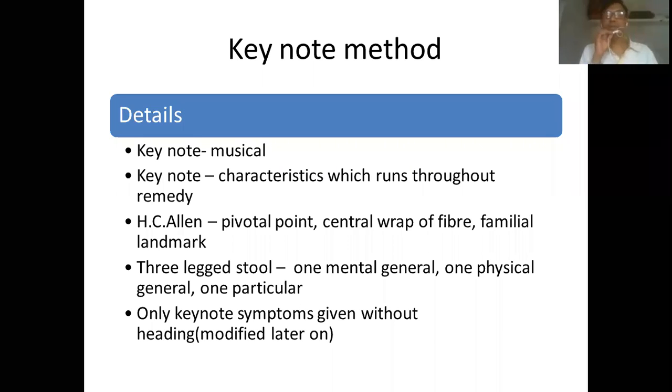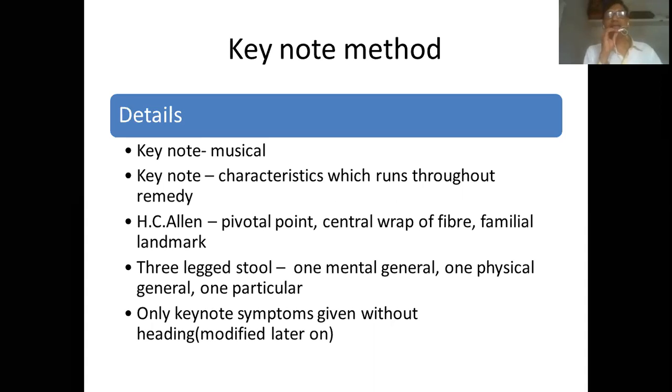Now, pivotal point means it is a center point, the point around which all other symptoms are revolving. If you see a rope or a fiber, there is one central thread around which all other fibers are revolving. So, it is a familiar landmark. For example, we'll take the same remedies again, Arsenicum and Arnica montana.